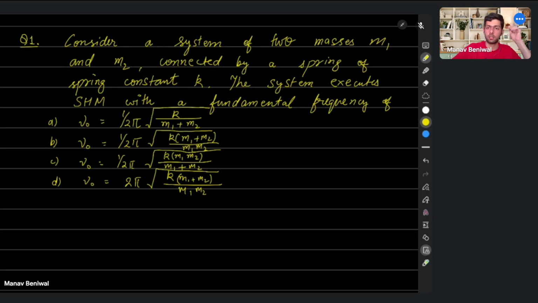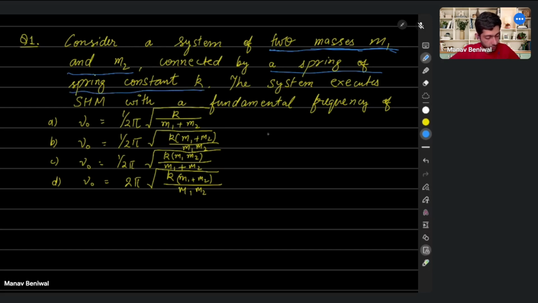Okay, so this is the first problem. What we are given is two masses, m1 and m2, and they are connected by a spring, and the spring constant is k.